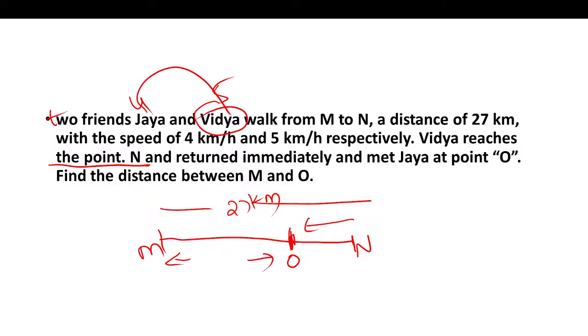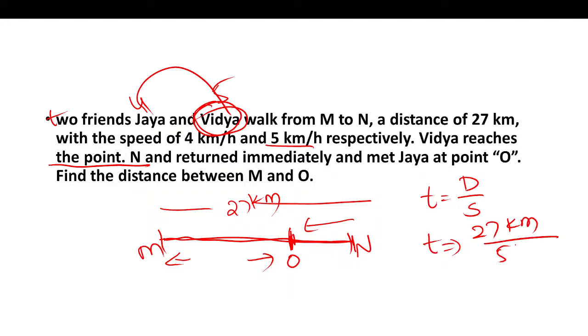So look at this question. Vidya speed is 5 kilometer per hour. Time is equal to distance by speed. Vidya is going from M to N, total distance 27 kilometers, at speed 5 kilometer per hour.